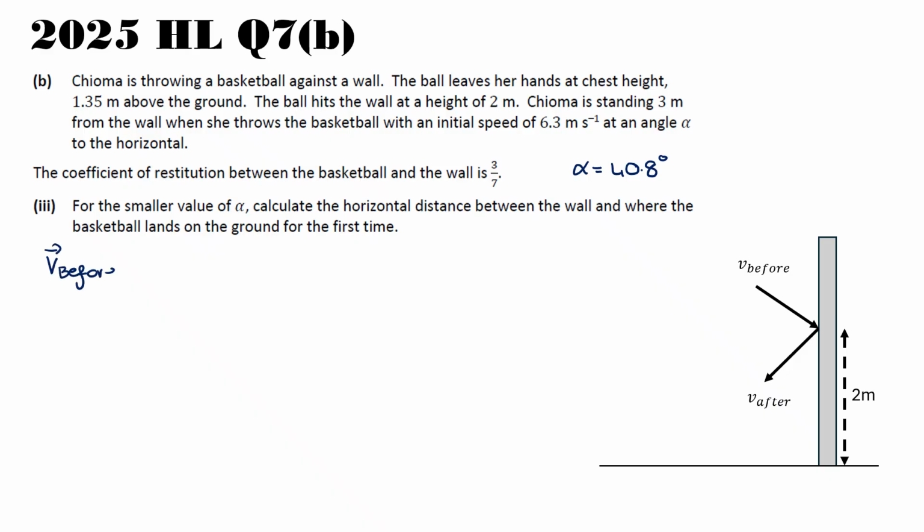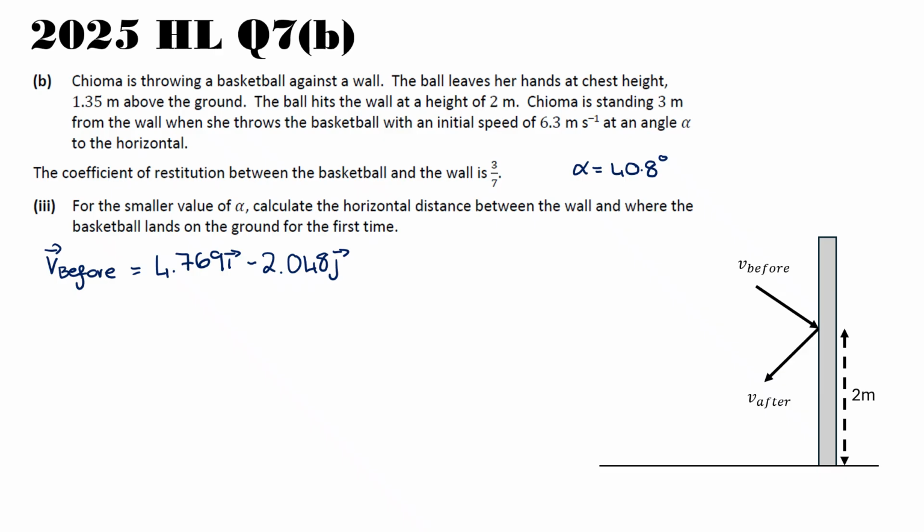So the diagram on the right shows us what we're thinking about. Just going to pull this from the last part: 4.7691 i minus 2.048 j. The diagram shows it hitting the wall at 2 meters above.